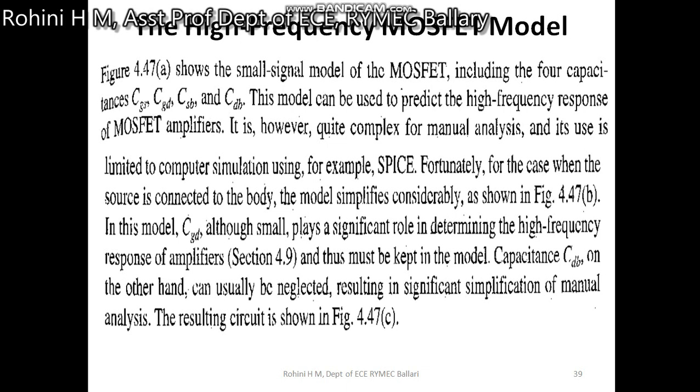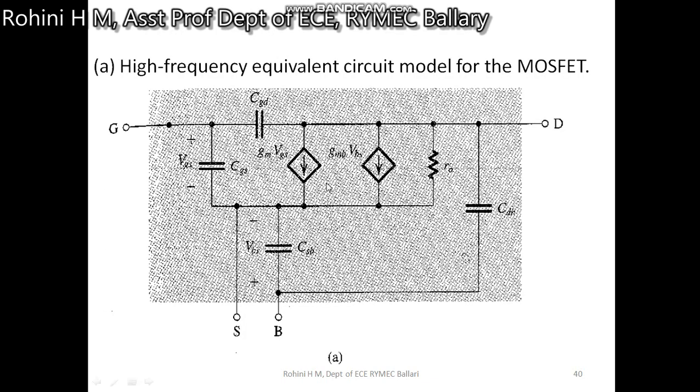They are the gate to source capacitance, gate to drain capacitance, source to substrate junction capacitance, and drain to substrate junction capacitance. So here we are including all those capacitances.